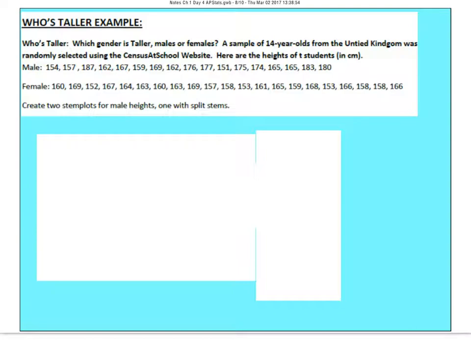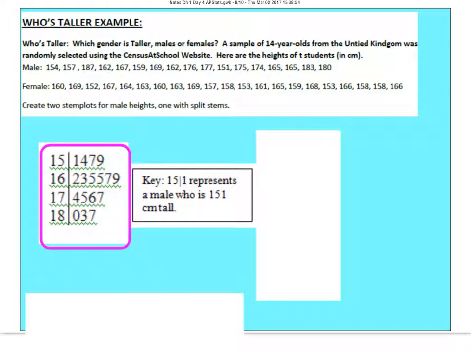Let's first do a standard plot for just the males. If you look at the males' data here, it looks like we have from 150 up to 180. So I'm going to choose the stems from 15 to 18. Then for the leaves, we're just going to look at the last digit and put them in increasing order.